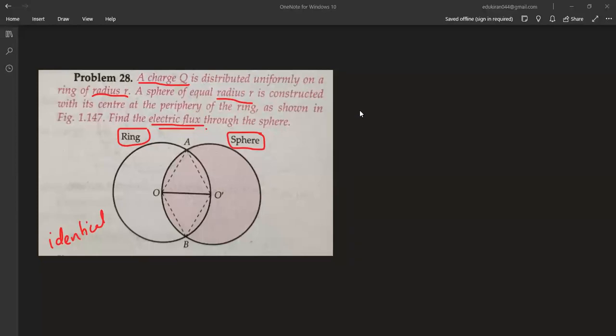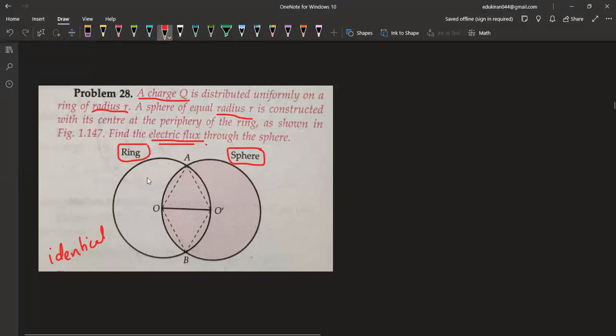All right. See, one thing at least you should be sure of. When you look at these sides, OA or O dash A, can anyone tell me what exactly OA or O dash A is?